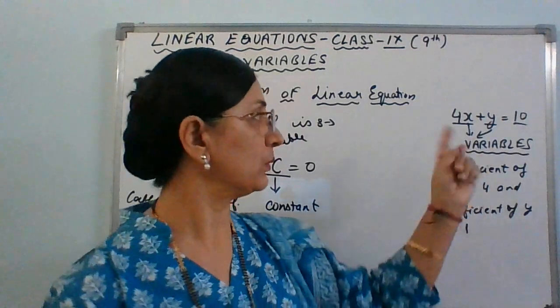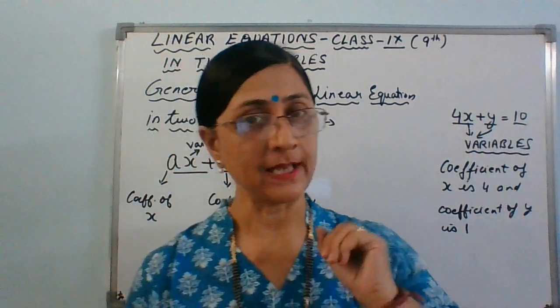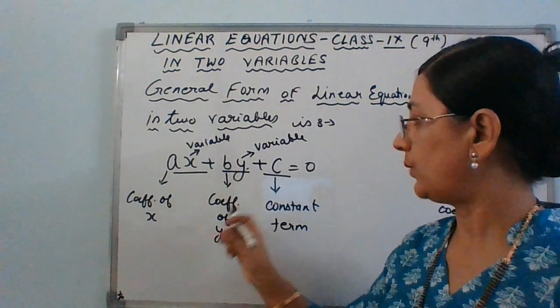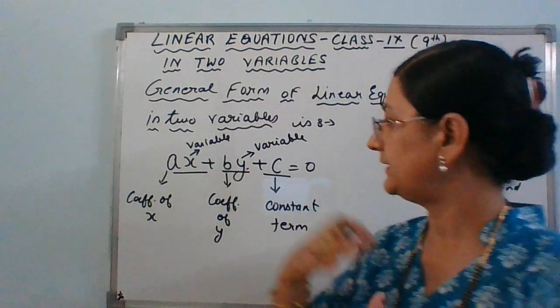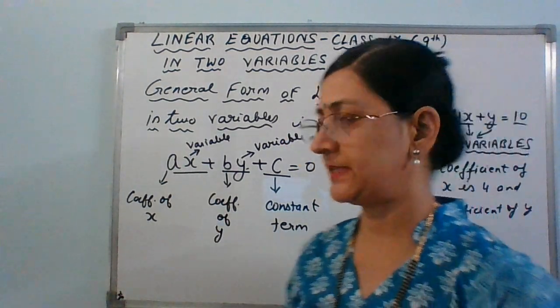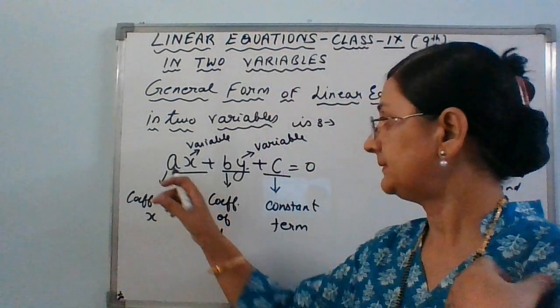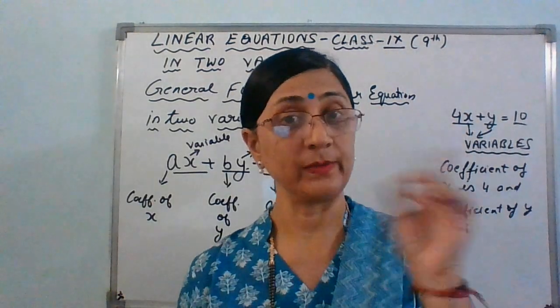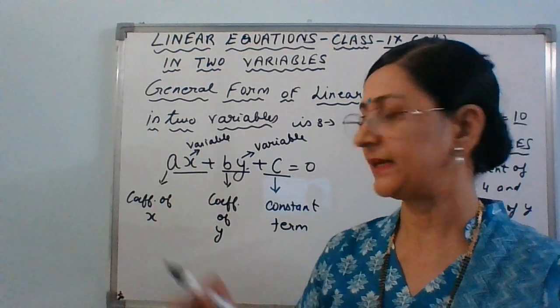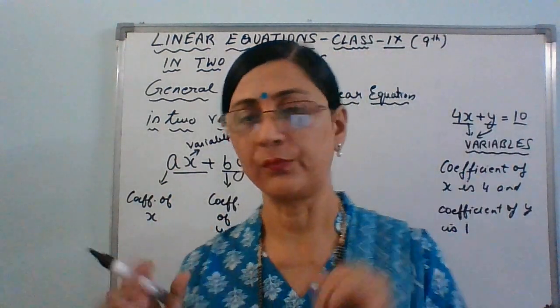So coefficient can be 1, 2, 3, 4. These are the values which are multiplied by the variable. So coefficient of y means the numeric value which is multiplied by y, and coefficient of x means the numeric values multiplied with x, not the variables. Numeric means the constant numbers 1, 2, 3, 4. So these are called the coefficients.